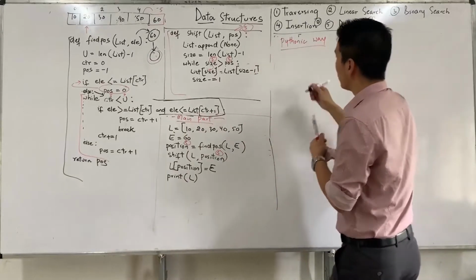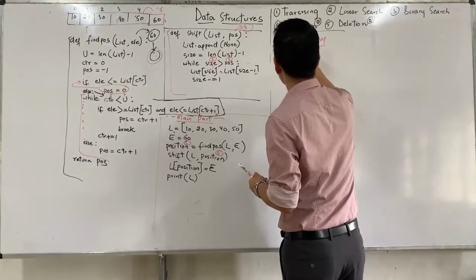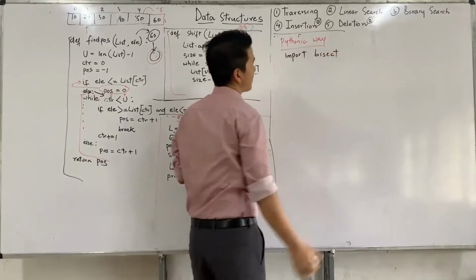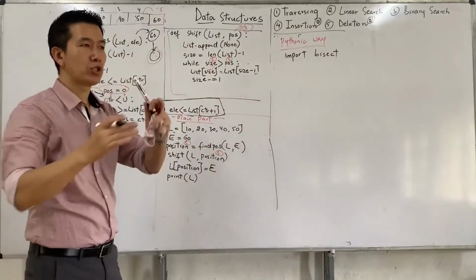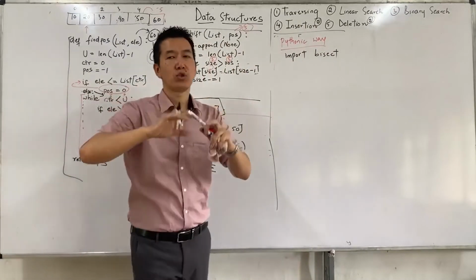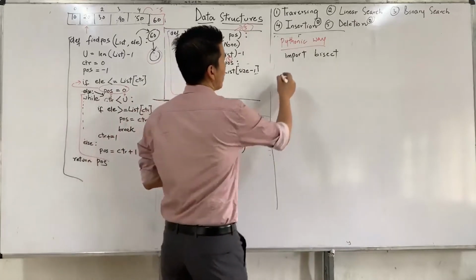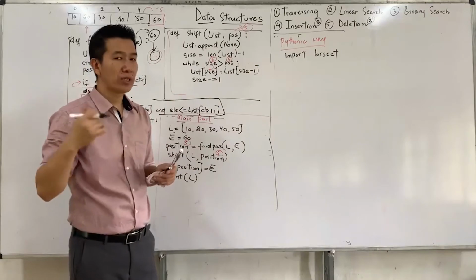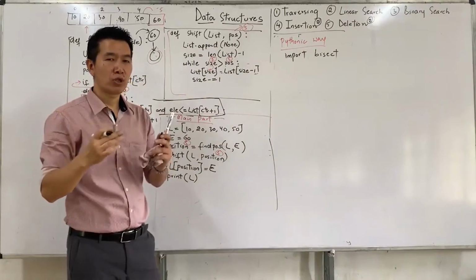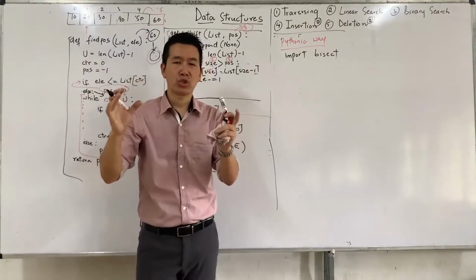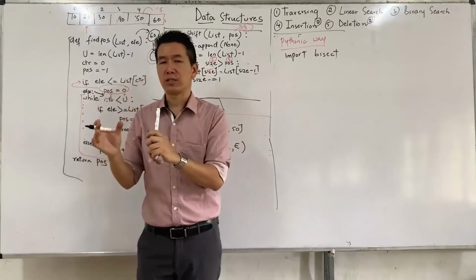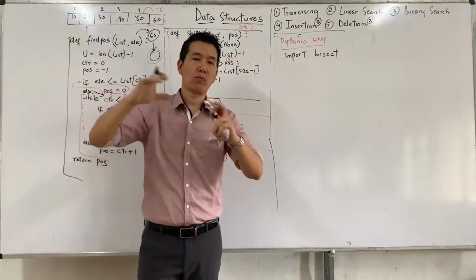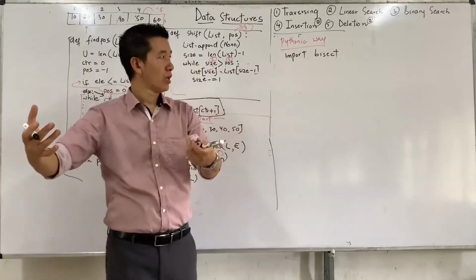Okay, so you'll have to import a module called bisect. Bisect means to divide into two equal halves. Okay, this is nothing but a module. We have learned a bit of module in the earlier video lessons. A module is nothing but a package of software routines, where you will see a lot of functions. So once you import the module, you'll be able to use the function.